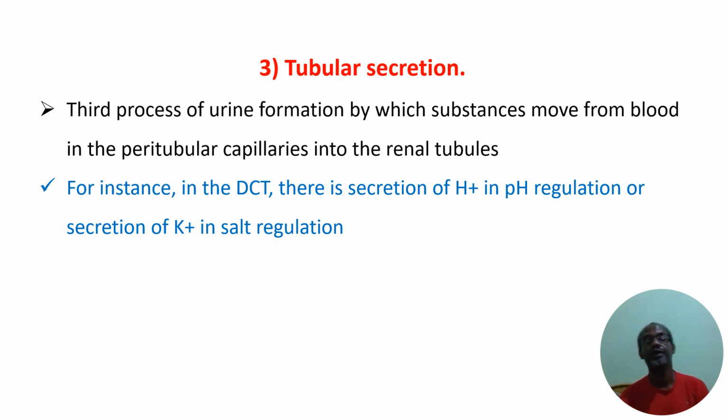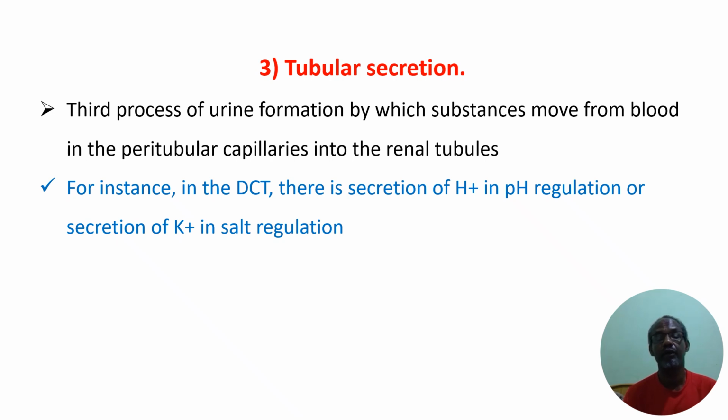If the pH of blood goes down, it is because of a higher amount of H plus in the blood. So in order to bring it to normal, H plus is secreted from blood into the tube so that it appears in your urine because it is in excess.